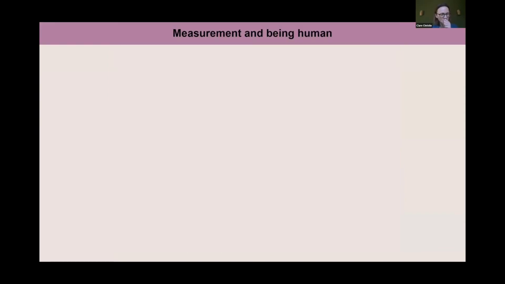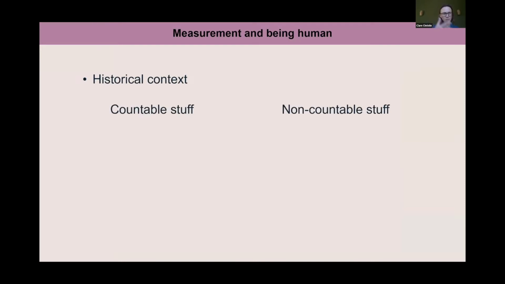There's also this interesting historical context on measurement. We have countable stuff in the world, the number of apples you have, the number of horses you have. And then we also need to quantify non-countable stuff, like how much fabric you have, how much land you have, how tall your horse is.